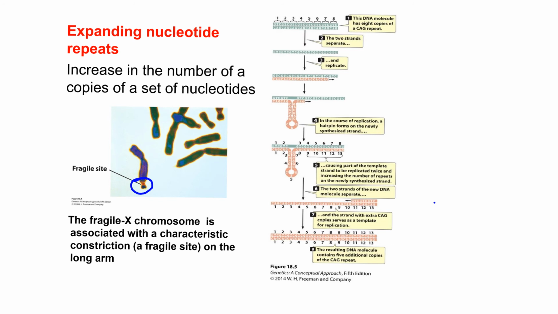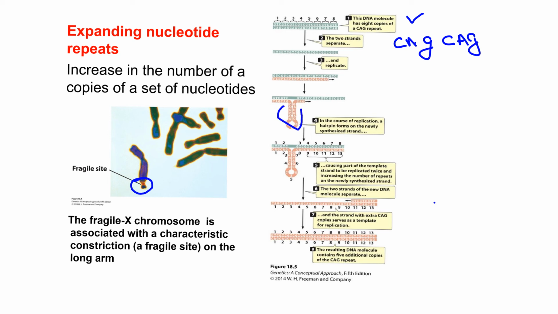So how can these nucleotide repeats expand? It is outlined right here on the right side. Let's say the DNA molecule has the repeat CAG. So there are several CAG repeats in this DNA. When DNA replicates and you have a new strand being replicated, because of the repeats it can form hairpins.